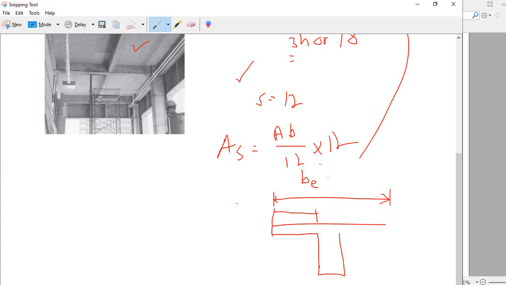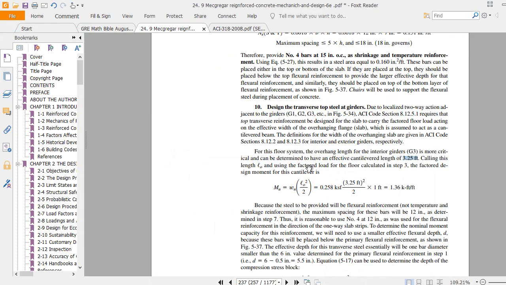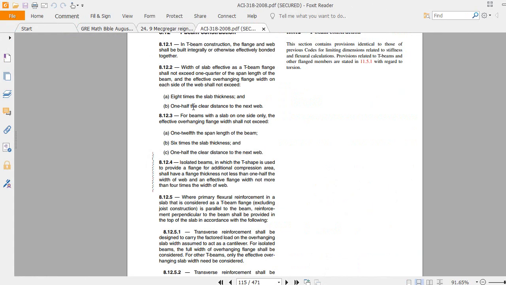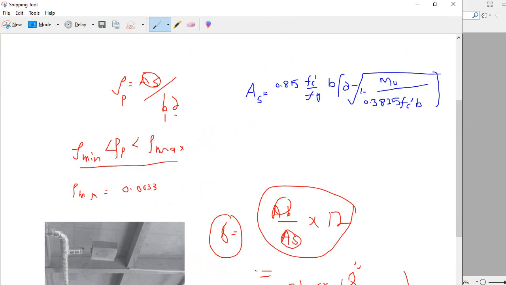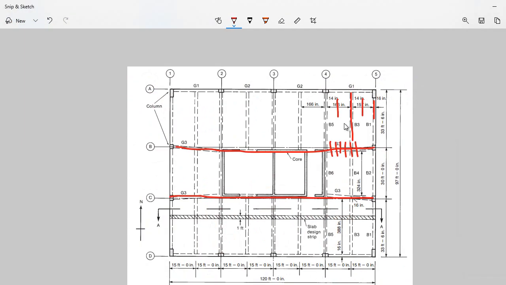And the next criterion is one-half the clear distance to the next web, or the transverse. Half means, in this case, basically, let me show you. Here we have 33.5 in this case, so 33.5 divided by 2.